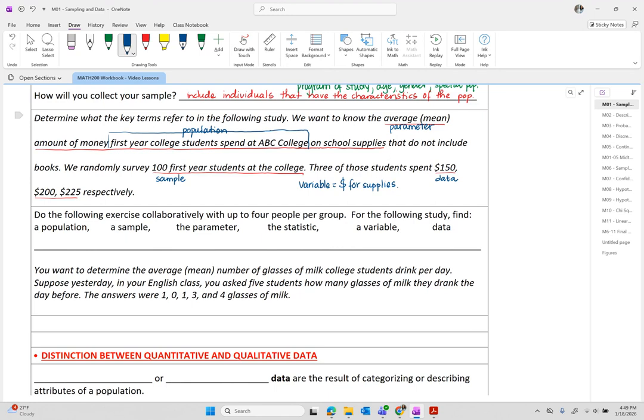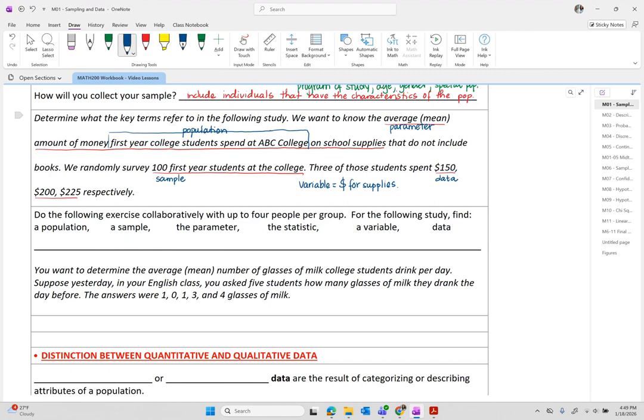And try to think, what is the population, which is all the individuals you want to study? What is the sample, which is what actual individuals from the population were you able to access? What's the parameter, which is the population statistical summary that you are trying to evaluate, to know the value of?